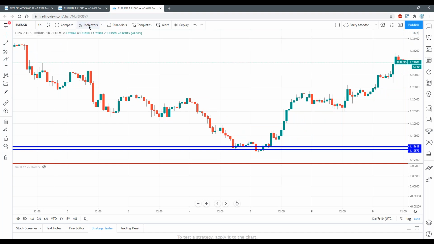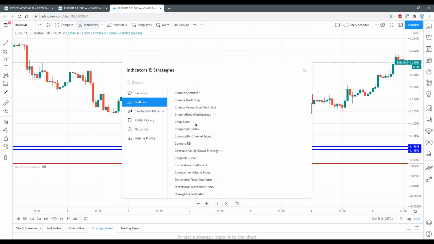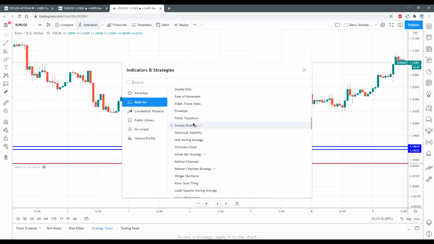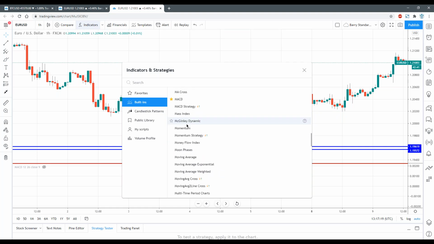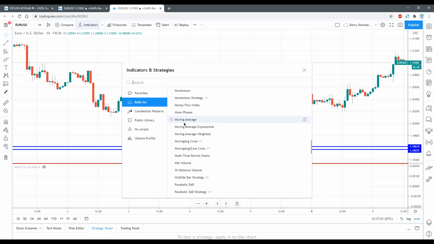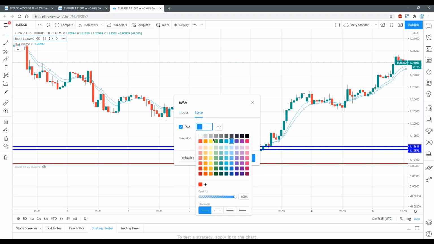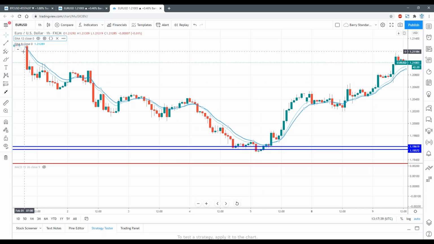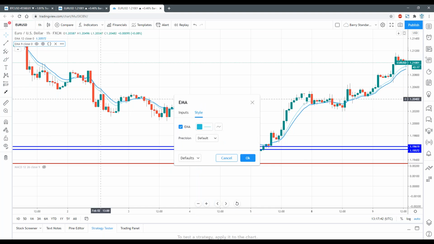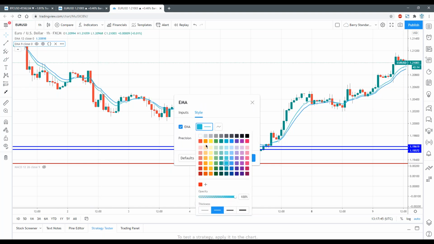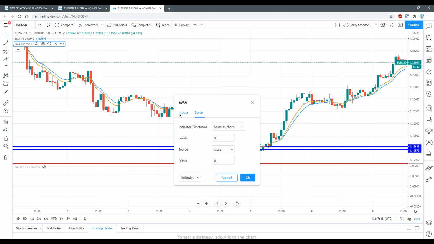instead of using a simple moving average, for MACD we use an EMA, an exponential moving average. So we click down on our charts right here, and we use a 12 period EMA, and a 26 period EMA.